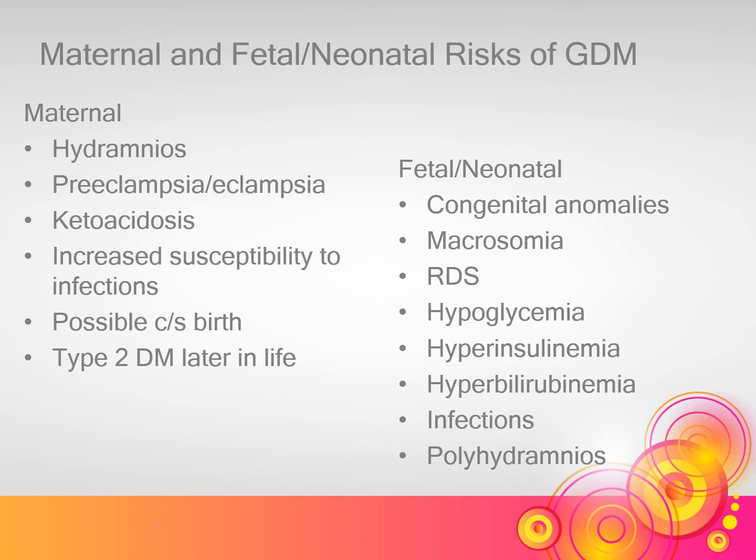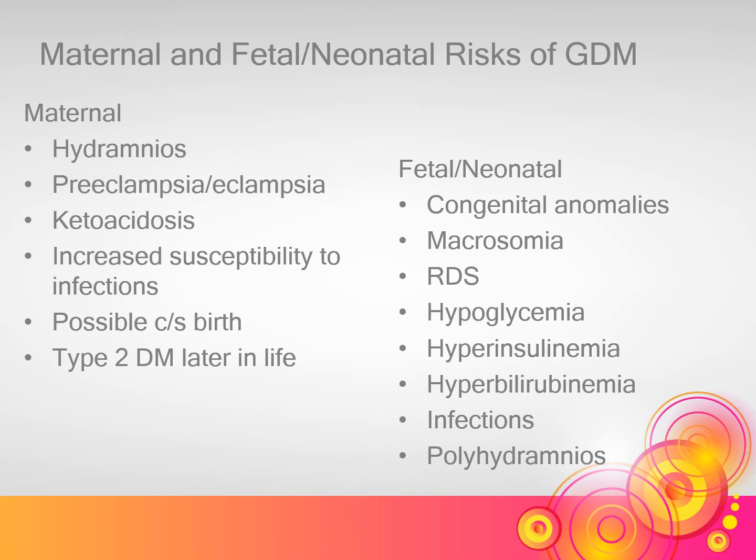Macrosomia is specifically related to the excessive insulin. When your baby is large, then you're at an increased risk of shoulder dystocia, where the baby gets stuck behind the maternal pelvis, and also traumatic birth injuries. Okay? If your baby were to weigh approximately 4,500 grams or more, then this would be the need for a C-section.